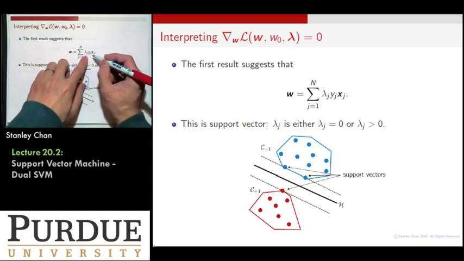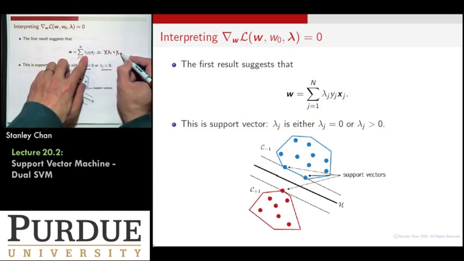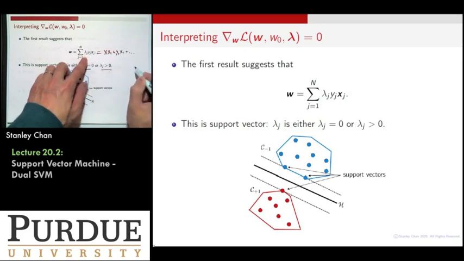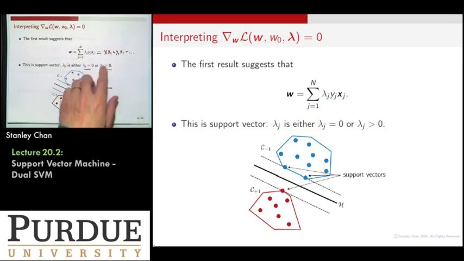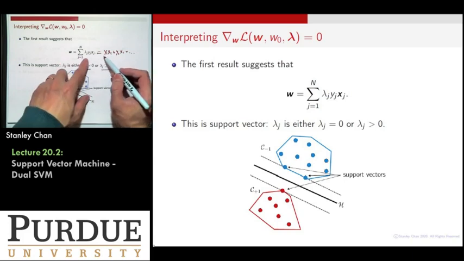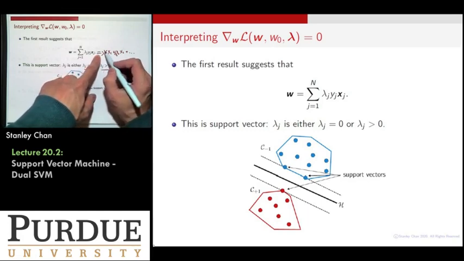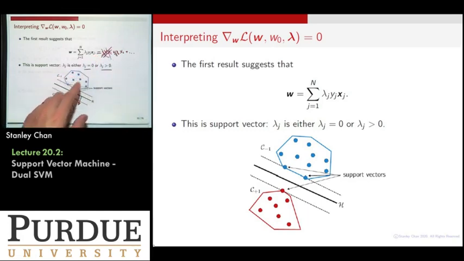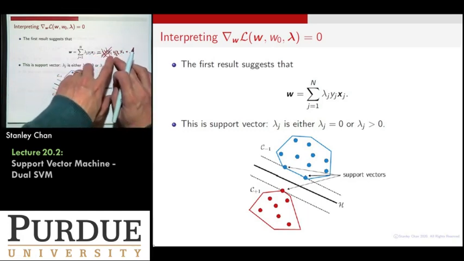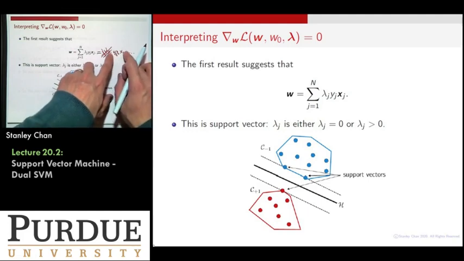Because the summation says it is y1 x1 plus y2 x2 plus and so on. I'm using a lambda 1 here, lambda 2 here. If lambda 1 is exactly 0, then that means you cannot use this data point. It doesn't really matter to you. And if this is positive, you're going to keep this term.